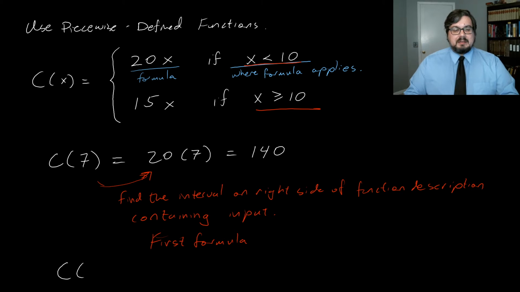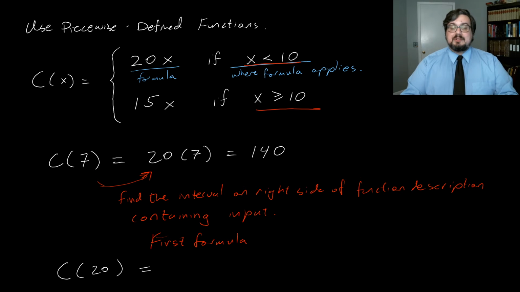On the other hand, if I take C of 20, what I do is I look at the input here, and I ask which of the conditions on the right-hand side of the function description this input satisfies. Is 20 less than 10, or is 20 greater than or equal to 10?